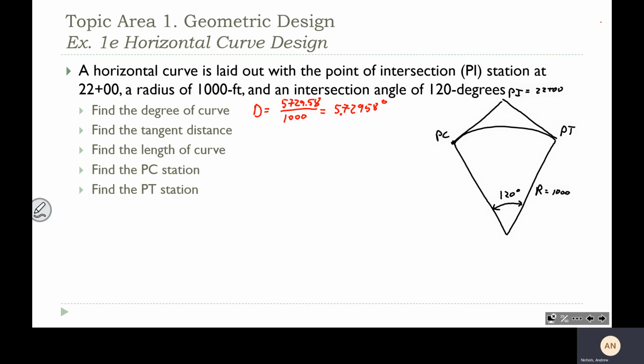So now we want to find the tangent distance. What equation can we use for tangent distance? Tangent distance is T. So the third equation, we can use R tan(I/2). We've got 1,000 times the tangent of I, which we were given as 120, over 2.